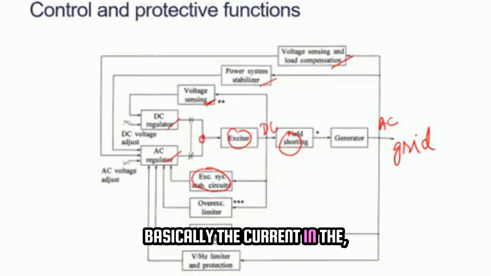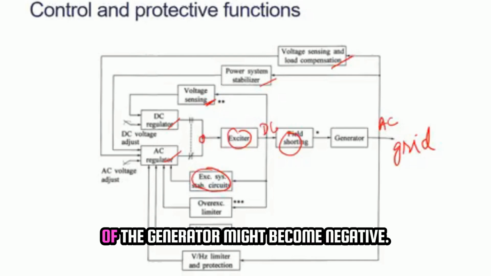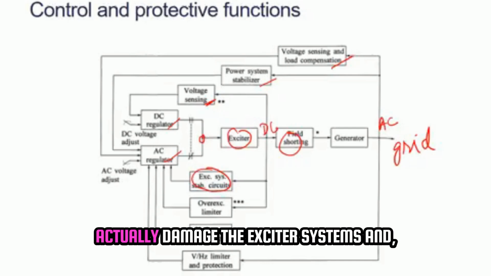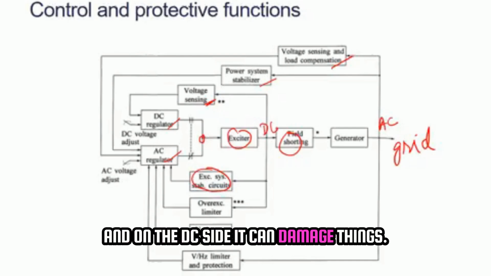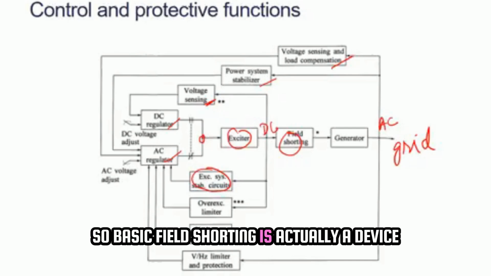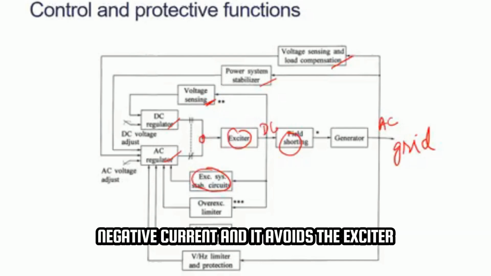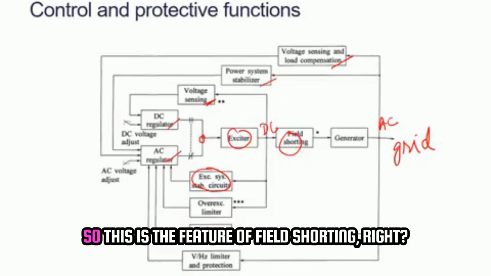The current in the exciter system or the field of the generator might become negative, and as soon as that happens, that could damage the exciter systems, and on the DC side, it can damage things. So field shorting is a device where a field resistor is installed, which immediately gets switched on to die out this negative current, and it prevents the exciter systems from getting damaged. So this is the feature of field shorting.